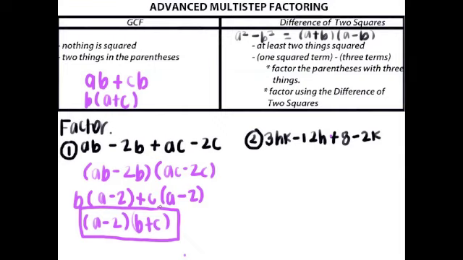Let's look at number 2. Again, the first step is to group them ourselves, okay? And remember to keep the signs, they are really, really important, otherwise the problem is going to get weird. So let's see. If I group them like this, let's see if this is going to work out.